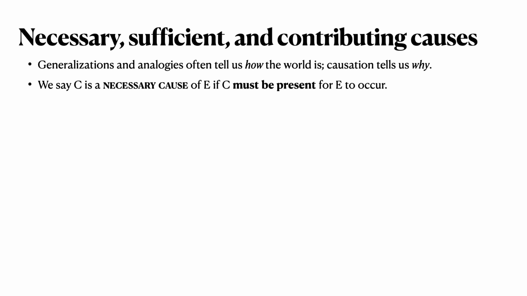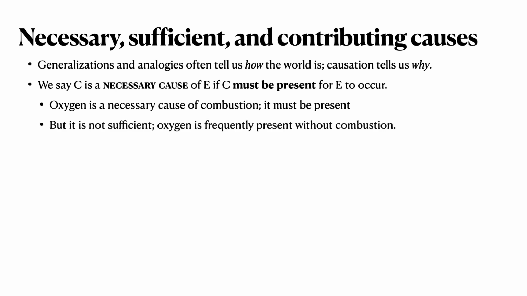So, for example, we say oxygen is a necessary cause of combustion, because oxygen must be present for combustion to occur. If there's no oxygen, there's no combustion. But oxygen is not a sufficient cause of combustion.